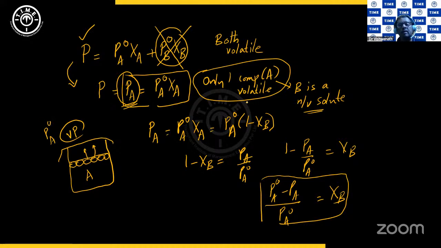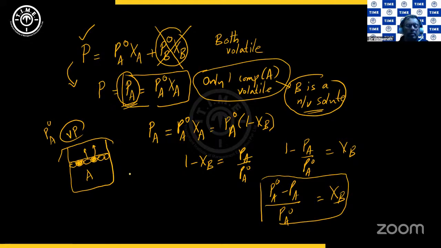Now what have we done? We have added a non-volatile solute B. So a few molecules on the surface also belong to B. So the number of molecules of A available on the surface is less, because you have added B. As much as you have added B, so much of A will be less on the surface.